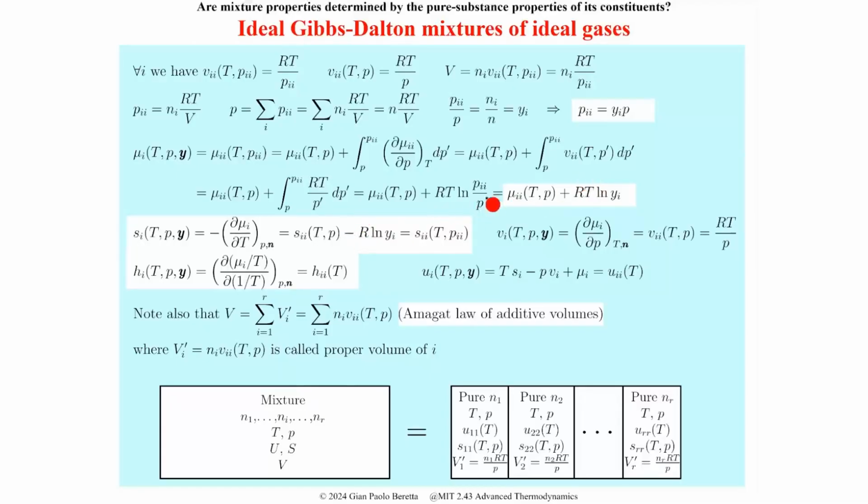But since now for this mixture of ideal gases, we have the expression for the chemical potential explicitly here, taking the derivative with respect to T leaves just R times the log of y. And since there is a minus sign here, this is minus R log of y.